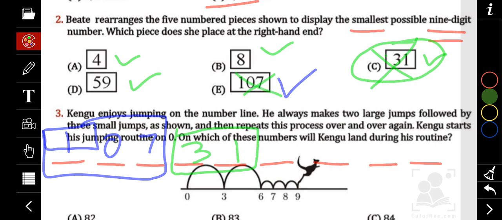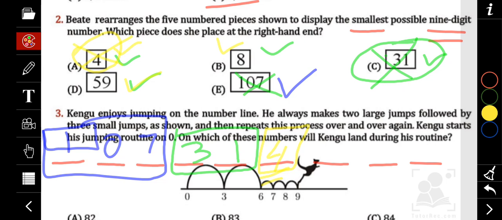Then proceeding further in the same way, we need to see which of the remaining 4, 8 and 59 contains the smallest digit to be placed over here at the left. So from 8, 4 and 59, this 4 is going to be placed at the third place. So let's place it over here, 4. So we are done with this 4.